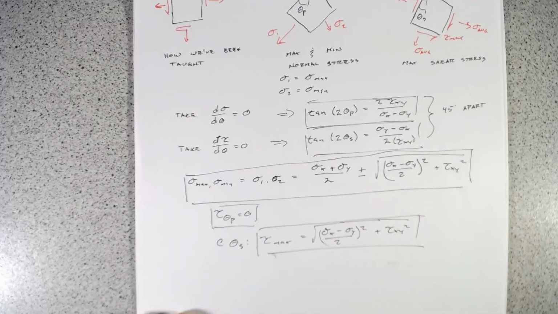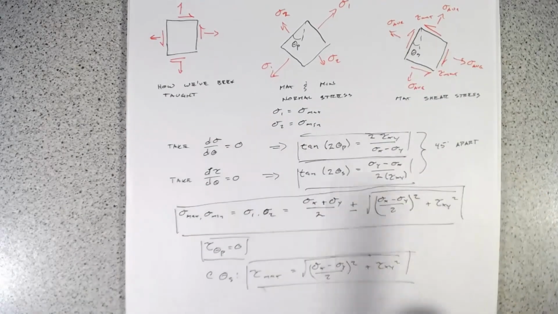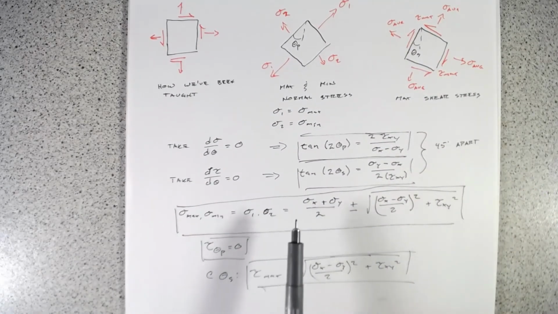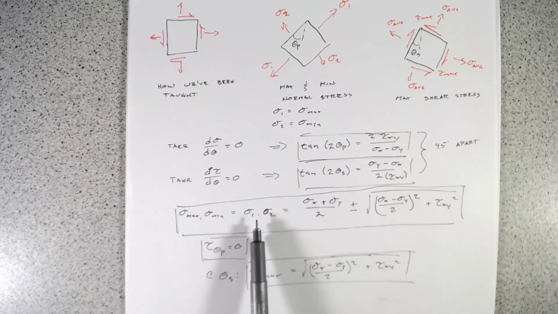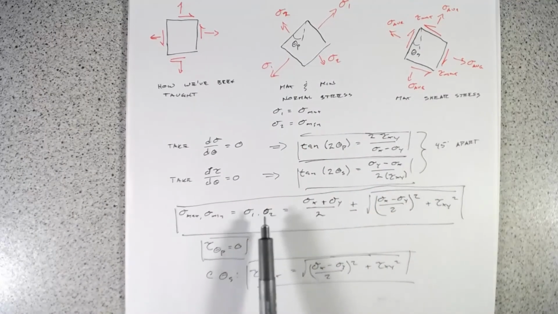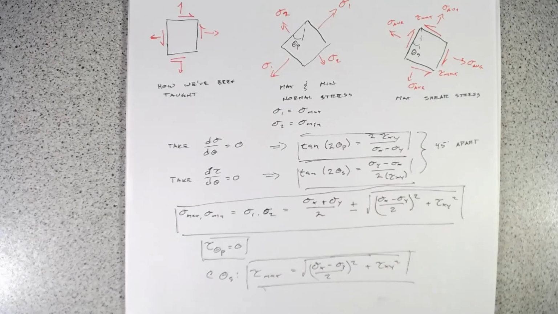These two will find the angle which you have to rotate in order to go from a stress state like this to either your maximum normal stresses or your maximum shear stresses. And then these equations here will tell you what the values are. For our maximum normal stresses, it's just right here. And for our maximum shear stresses, it's just right here.